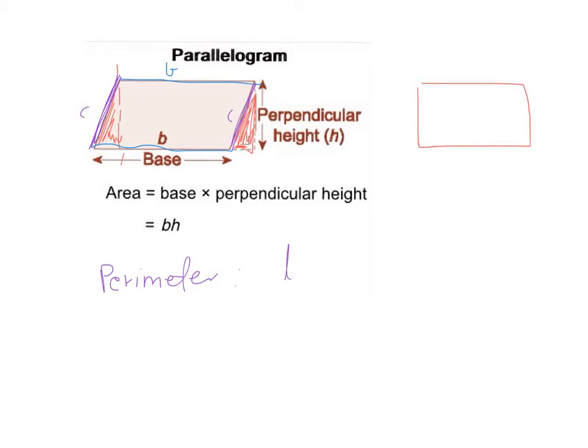So there we go, B plus C plus B plus C. And we'll get 2B plus 2C, okay? We can name it X, Y, whatever you wish. But this is B as a base, so let's stick with that. And H, we can mark it in here, or we can mark it in here or in here, and this is height, okay?